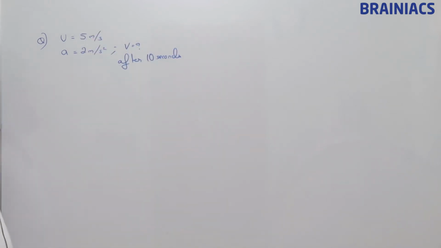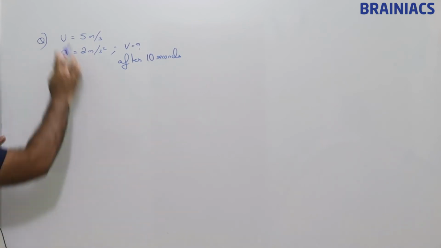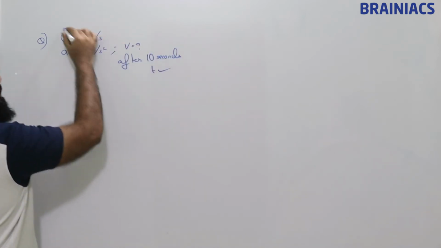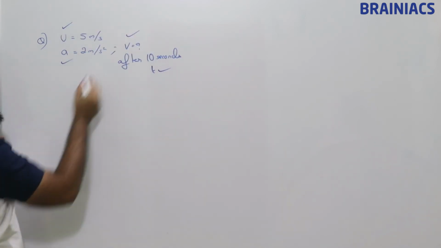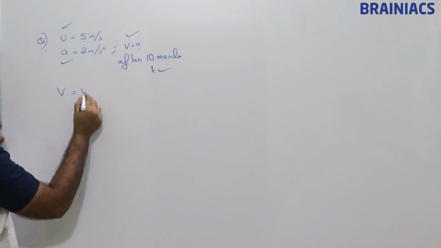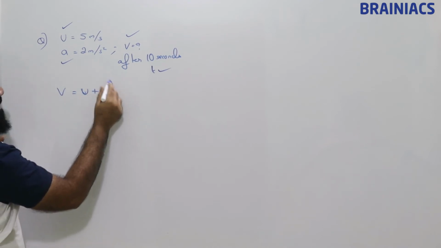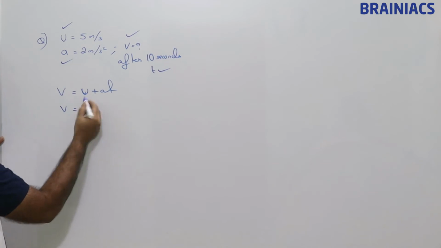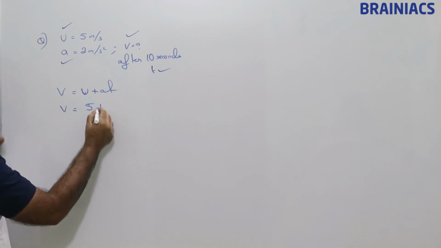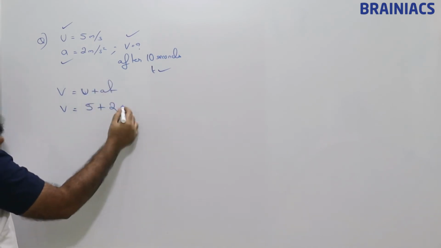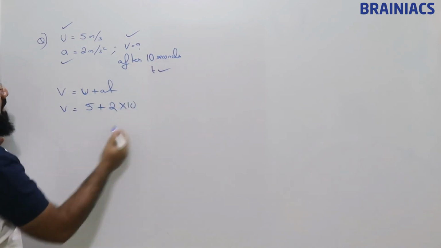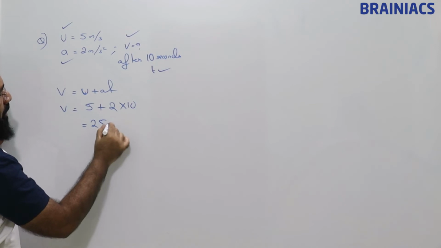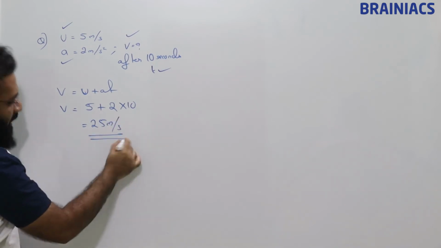These kinds of simple questions can be asked. Here t is there, u is there, v is there, a is there. So the best equation we can use is v is equal to u plus at. We need to find the velocity after 10 seconds. Initially it is 5, plus acceleration 2 into 10. So that's it, this is 25. So 25 meter per second.